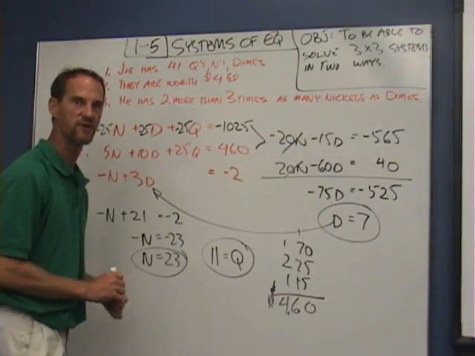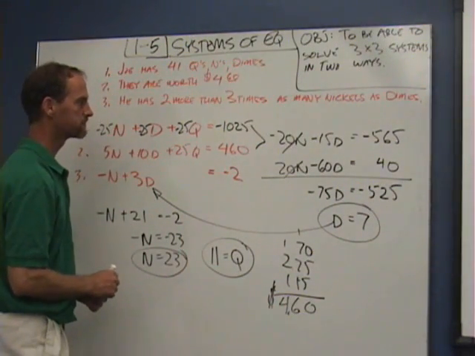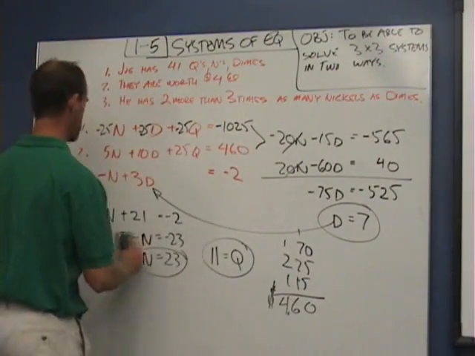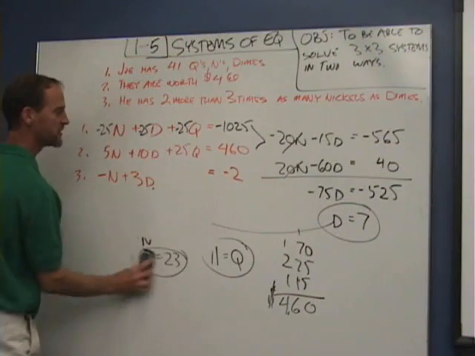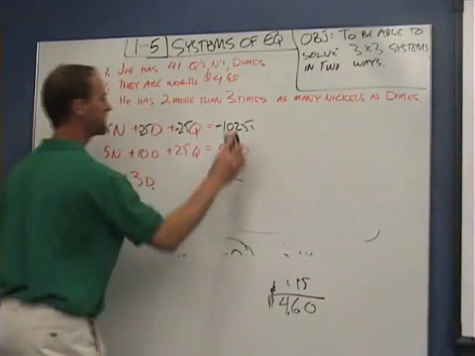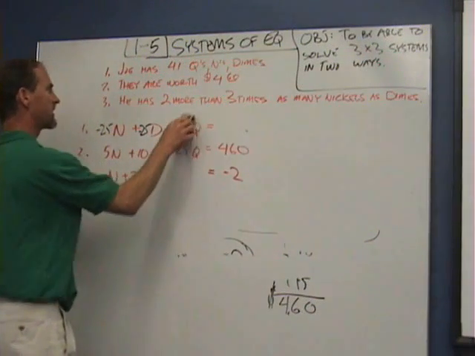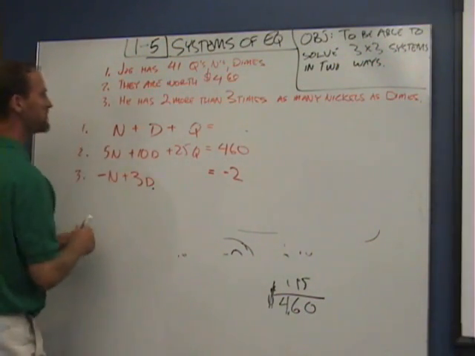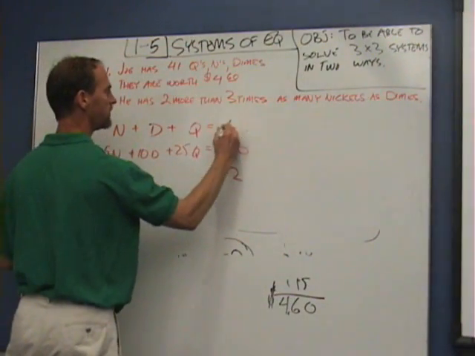Okay, now I'll show you how to do it on your calculator. But first, before I jump to that calculator scenario, I'll go back to this stage of the game and say, take away the black here, and N plus D plus Q equals 41.